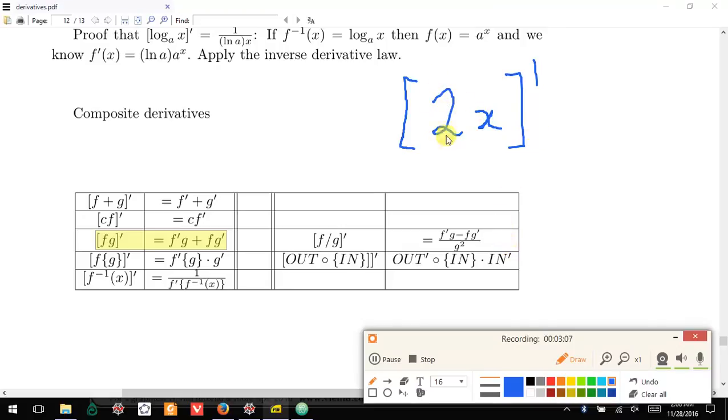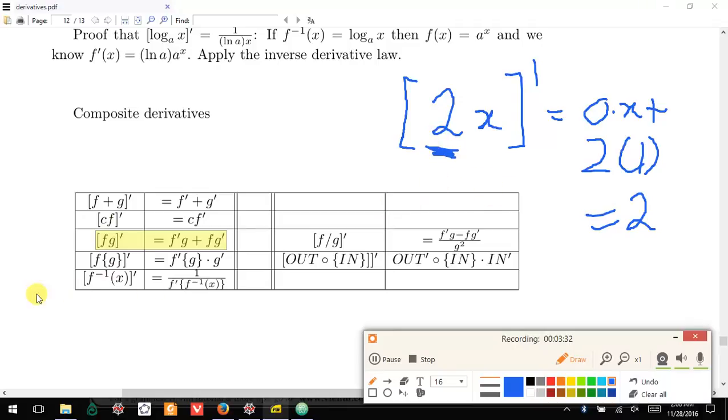You'll say the derivative of 2 is 0. If you're good at this, you'll realize that the derivative of 2 is 0, and then you multiply by x, and then you add 2 times the derivative of x, which is 1, and it all comes out to 2. But you really should have seen that not using the product rule, using the constant multiple rule, because this is a constant multiple, right? Not a general function.